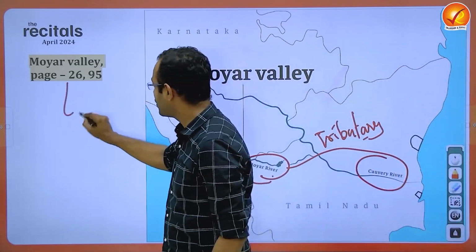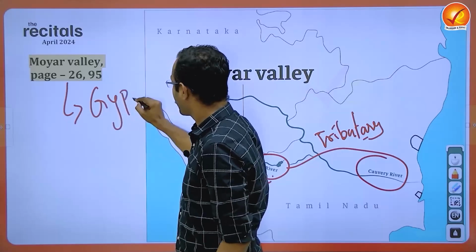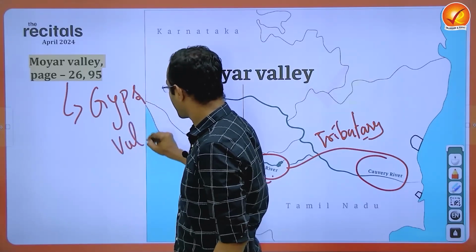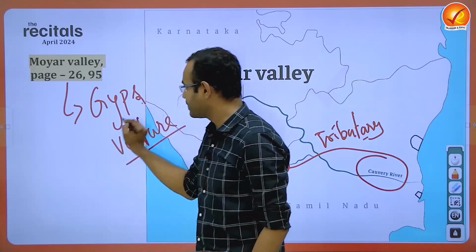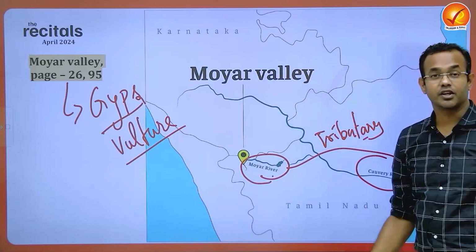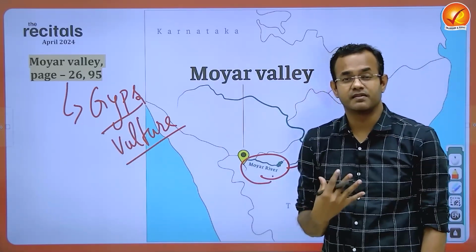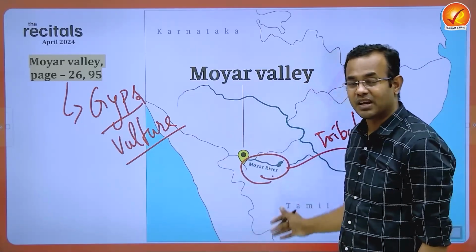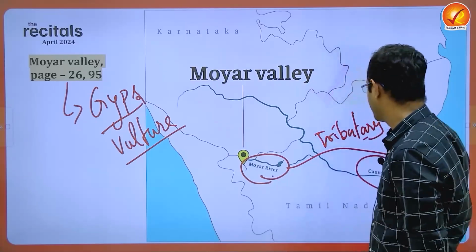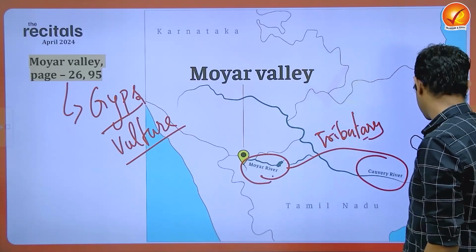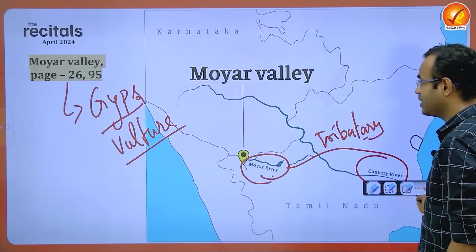It came in the news for one reason: gyps vulture. Moyar Valley has a good population of gyps vulture in the peninsular area.